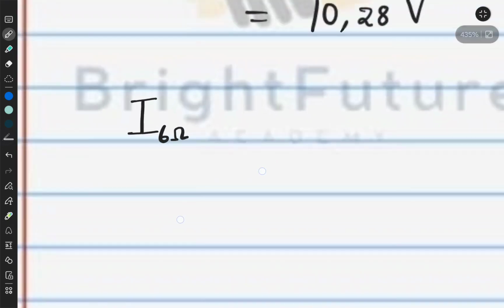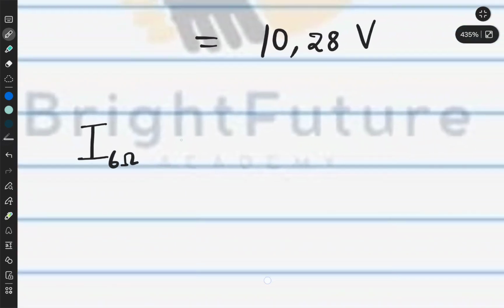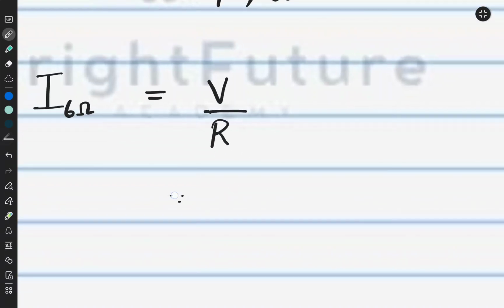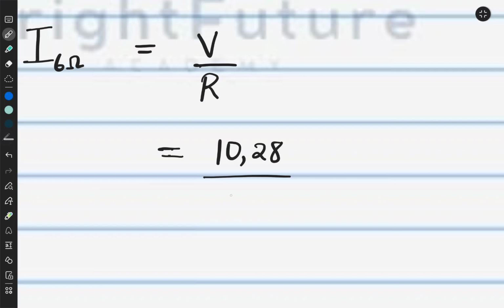Some people prefer writing the subscript like this. The current at the 6 ohm resistor would now be the voltage over the resistance there. So our voltage is 10.28, and our resistance, we said, is 6 ohms.